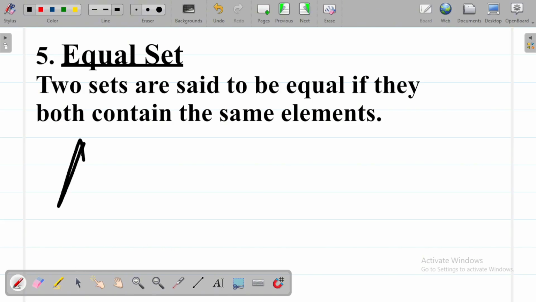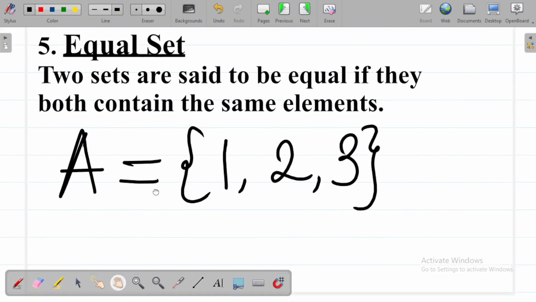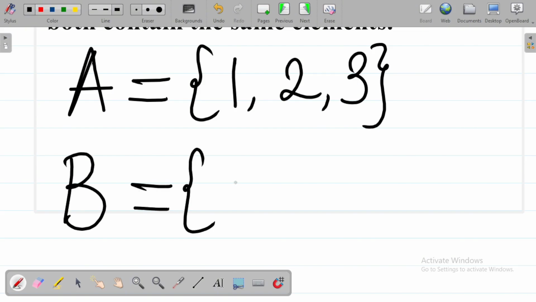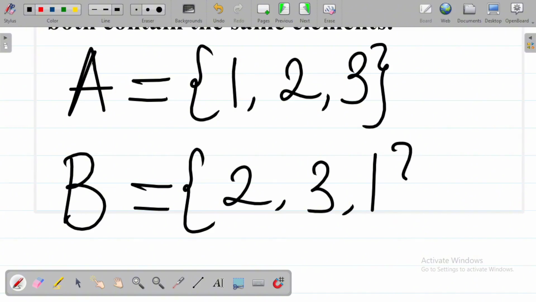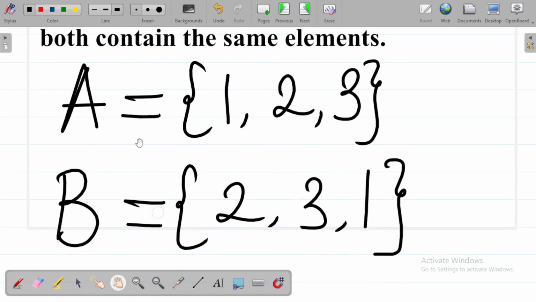So let's say A is equal to {1, 2, 3}, and then B is equal to {2, 3, and 1}. If you look, set A has 1 as its element.